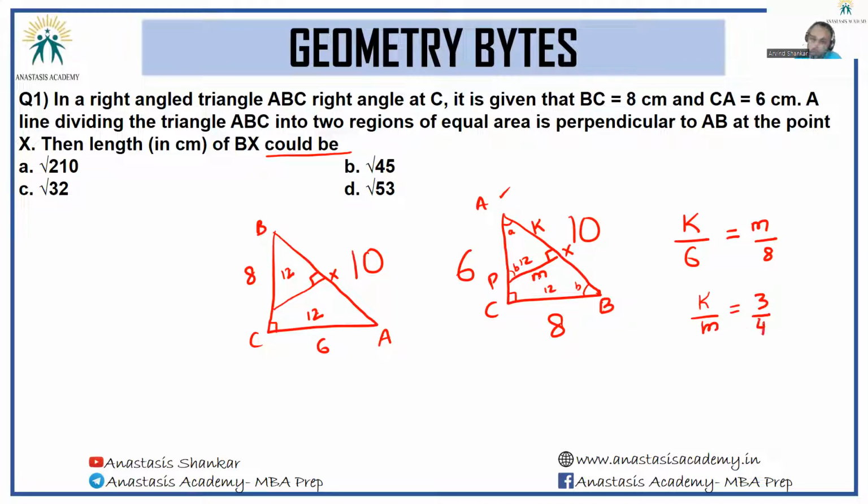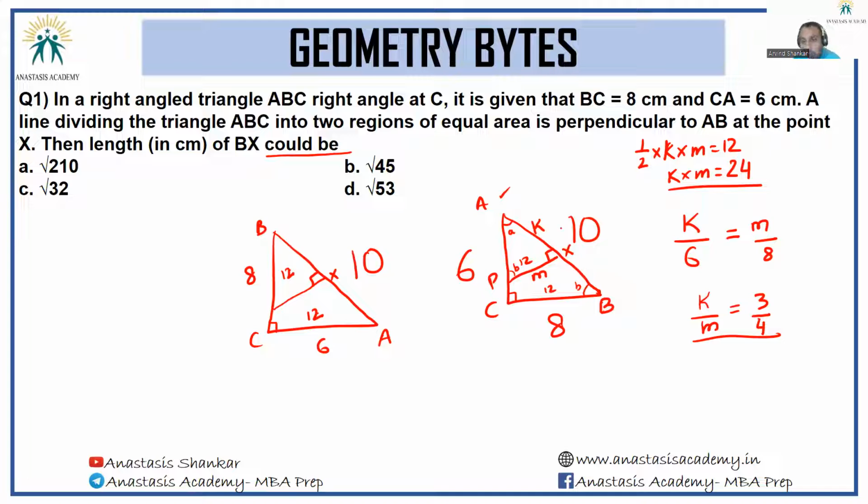And we also know half into K into M is equal to 12. So K into M should be equal to 24. I already have the ratio, I already have K into M. How much do I need? I need K, no?